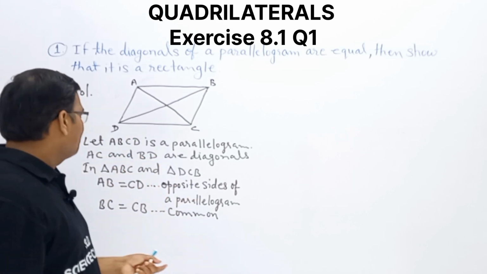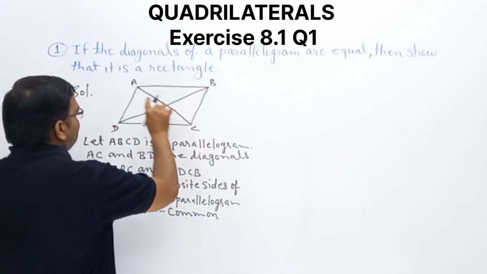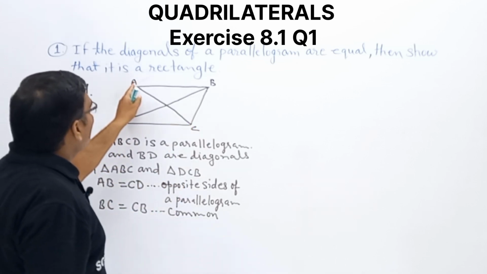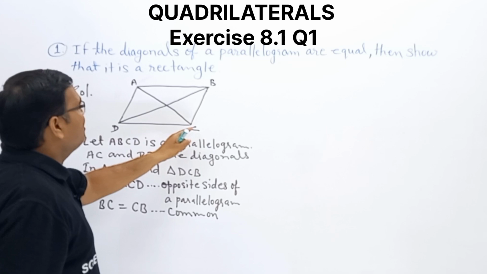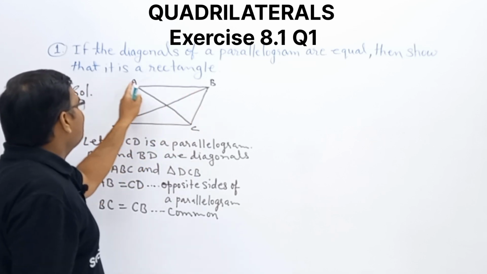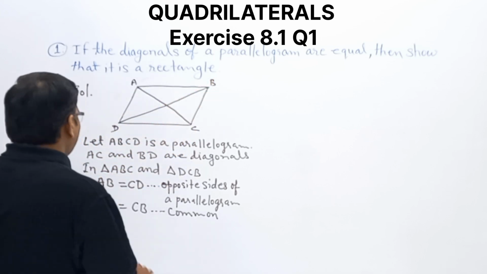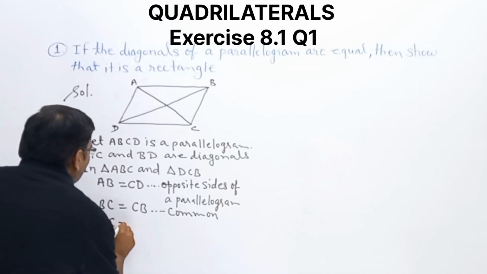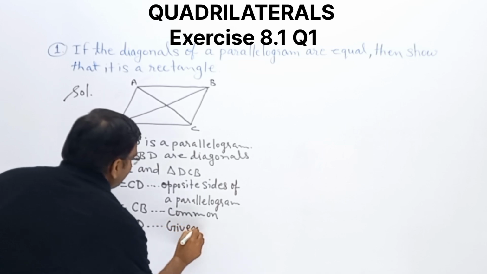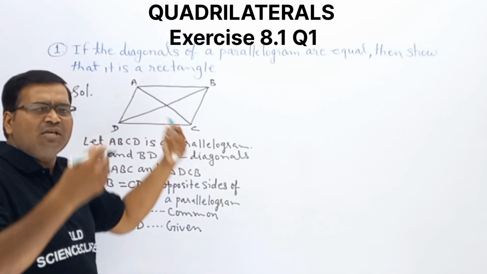Both diagonals are equal: in triangle ABC, the diagonal AC equals BD of the other triangle. So AC equals BD, given in the question.